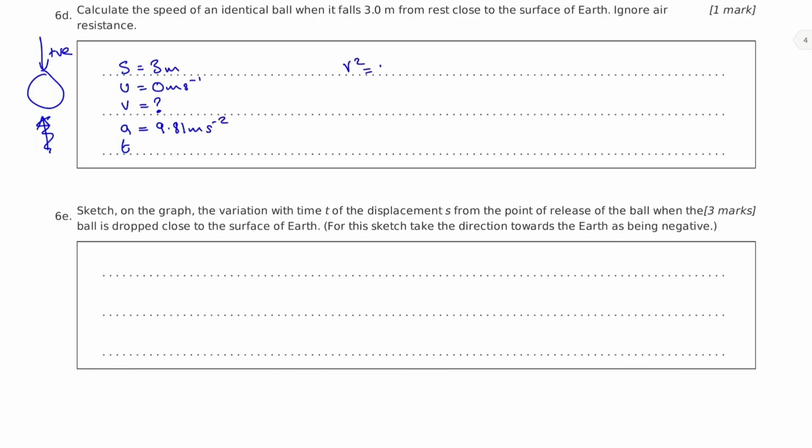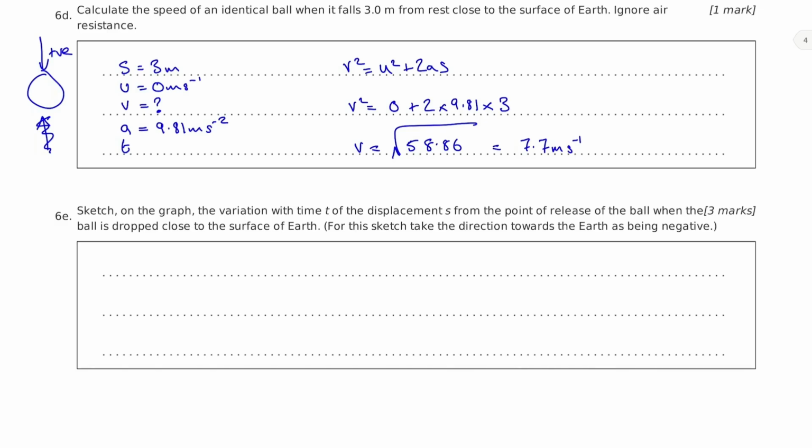So v squared equals u squared plus 2as. v squared equals 0 plus 2 times 9.81 times 3. So v is equal to the square root of that sum, 7.7 metres per second.